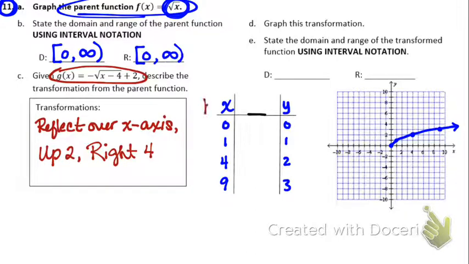So I'm going to add the h value. I'm going to add the 4 to all of my x's. That'll send it to the right 4. So my new x's here are going to be 4, 5, 8, and 13.